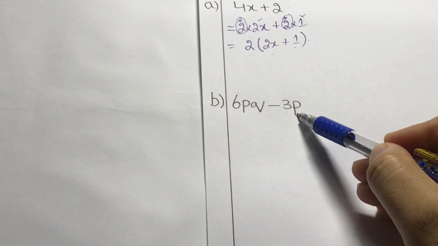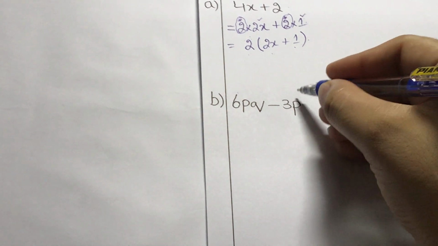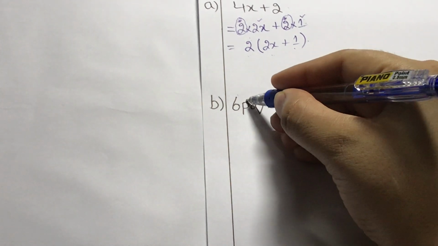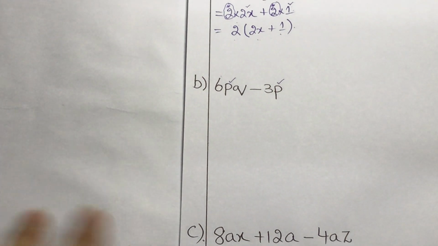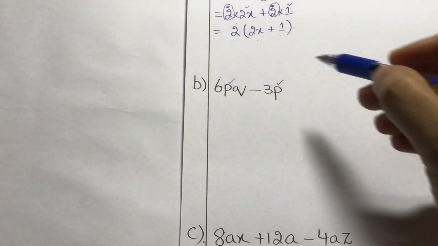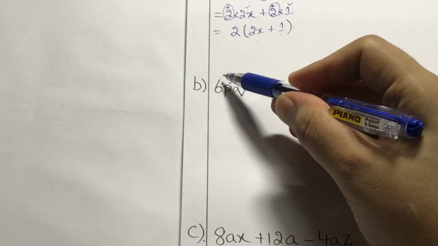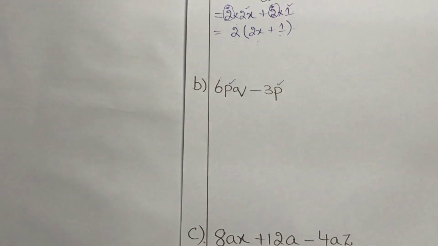6pq minus 3p. You can quickly say we have a common variable here. We have a common variable p here, right? And now the coefficients 3 and 6, right?